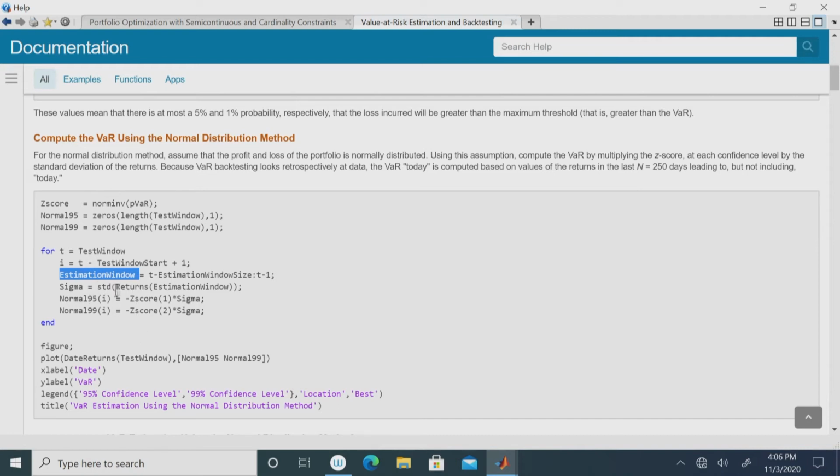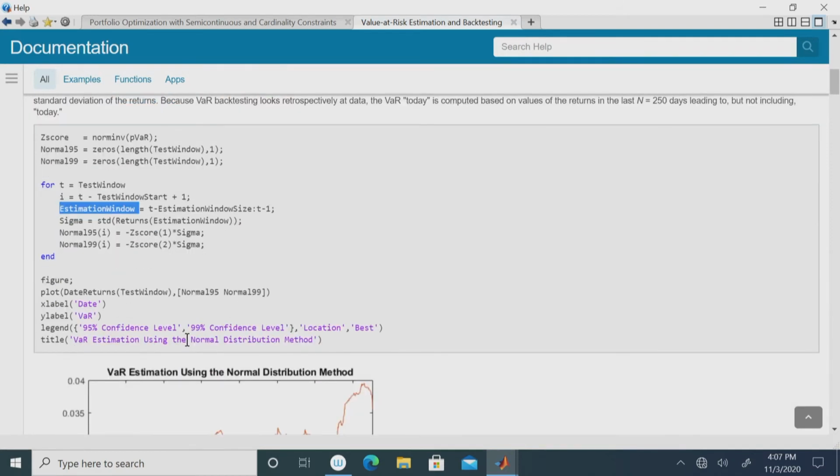So, accordingly we look at the standard deviation of returns over the 250 days, the daily standard deviation. What you get is normal 95 and normal 99, which are the corresponding values of VaR for the first and the second case.